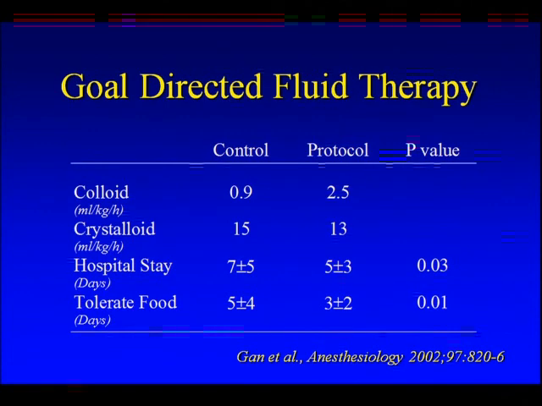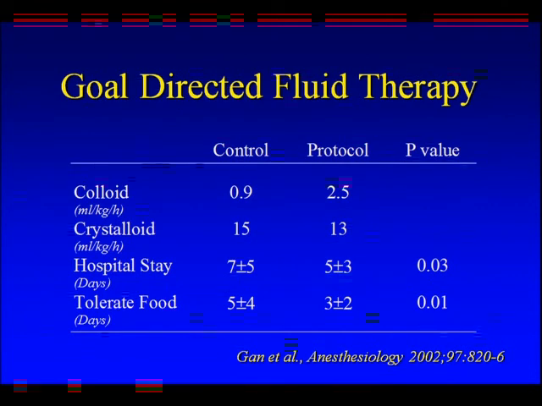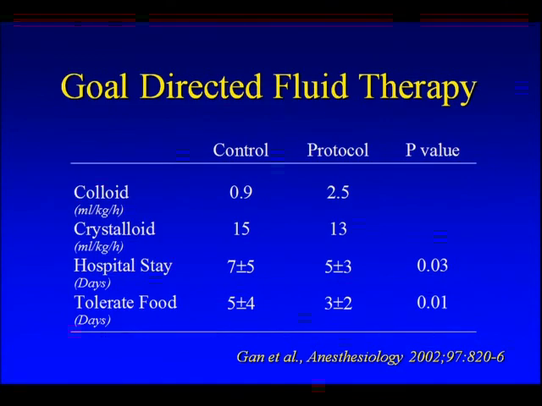As you know, most of you who work in a U.S. hospital, once your gut is working, you get out of hospital typically the following day. You don't stay any longer. Usually what we found is that the reason patients stay in the hospital is because their gut is not working. And once the gut is working, you get out of hospital.